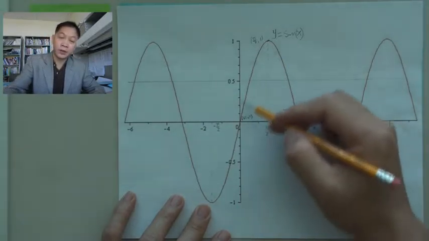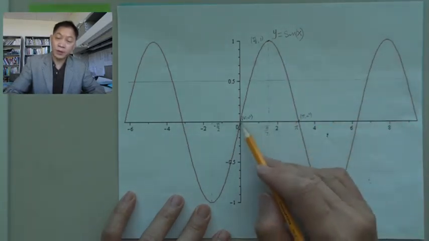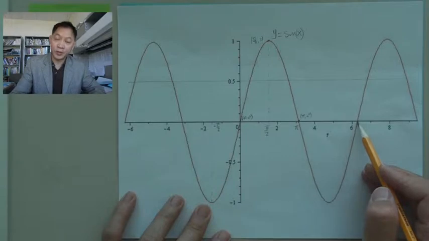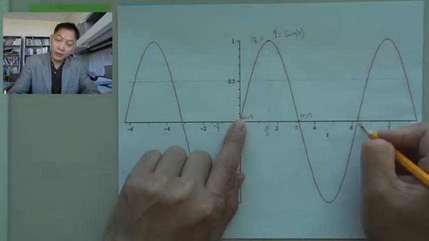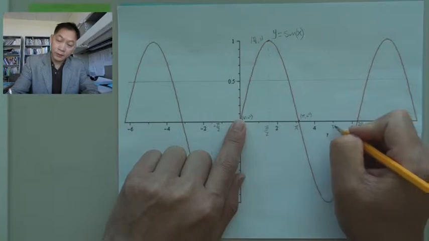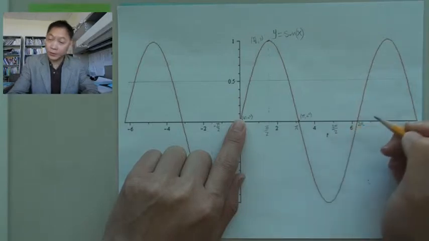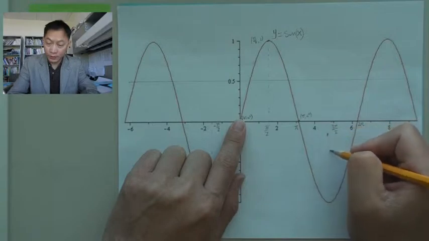Okay, so it goes like this. From here to here is one period, because here is 2 pi. And then here is 3 pi over 2, somewhere here.